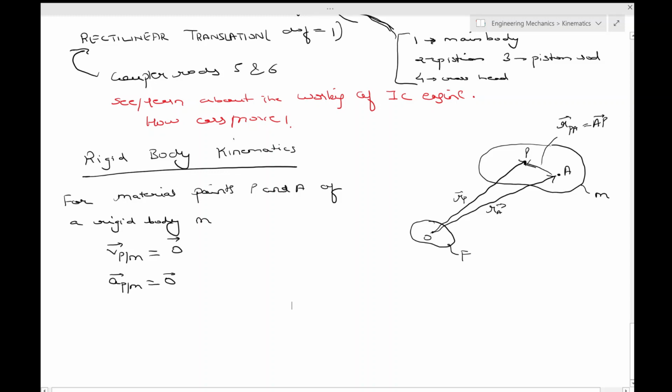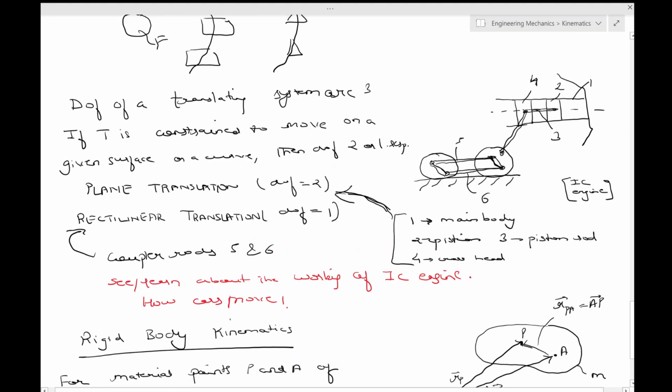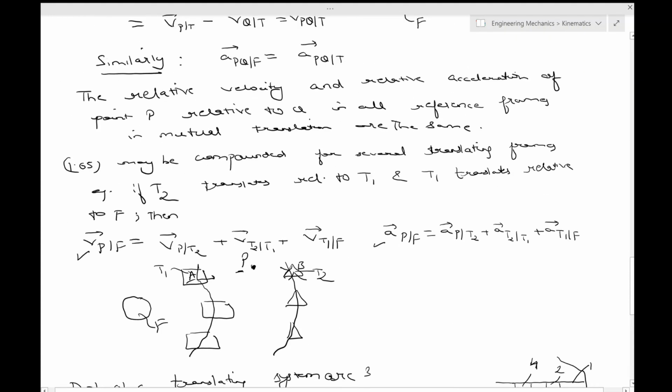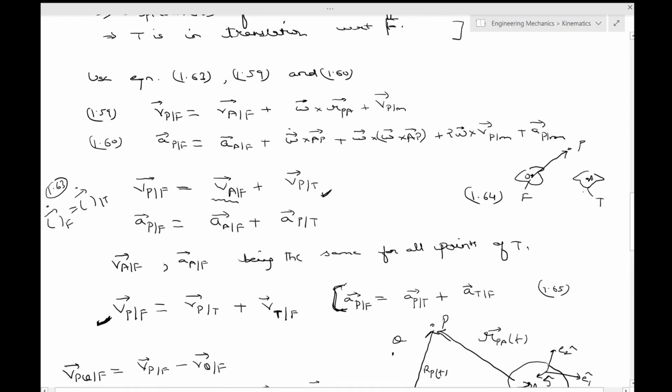And then you want to write equations 1.59 and 1.62. So I do not want to write 1.59 again, but you should check that over here. Okay, 1.59, 1.60, then 1.61 and 1.62.